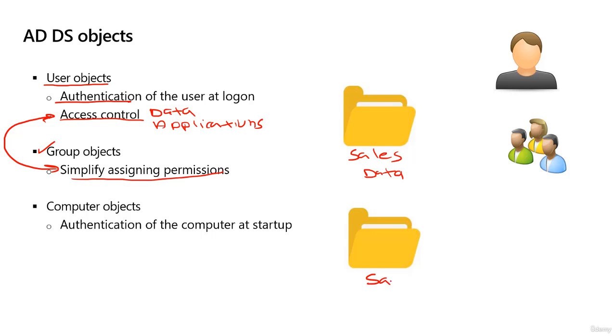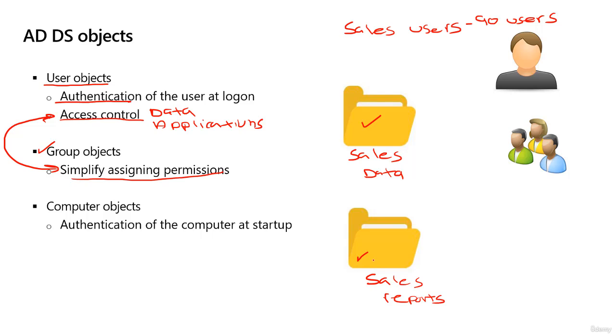Then I have this other folder and it's sales reports. In my sales department, I have these sales users, and we're going to say it is 90 users that work in sales. So 90 people need access to this sales data and to these sales reports.